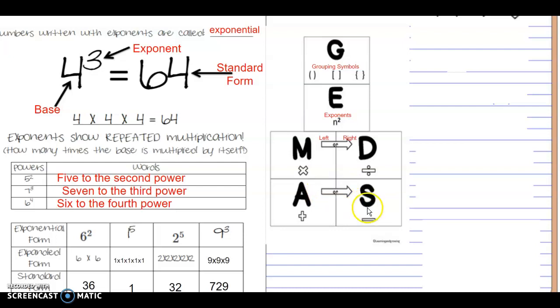It doesn't matter which one you see first, that's what you do from left to right. So again, grouping symbols go first, then exponents, then multiplication and division, addition and subtraction. This should be a review for you. The only difference is that this year we will actually use the E. We didn't use that in the 5th grade.